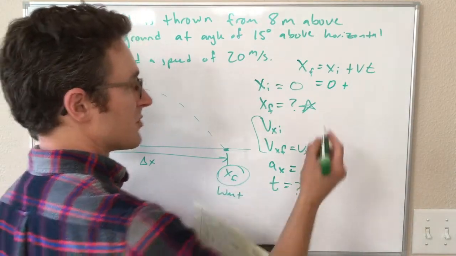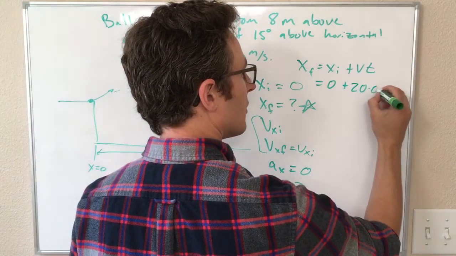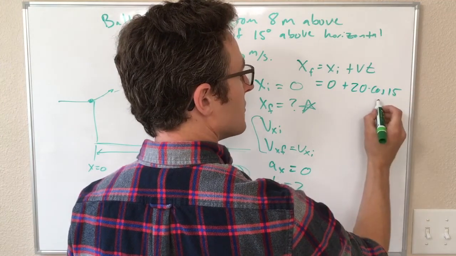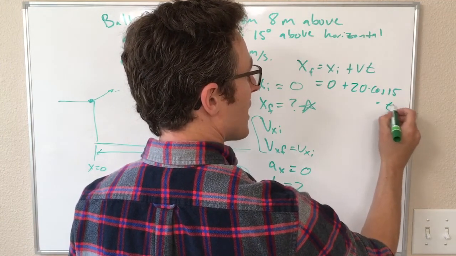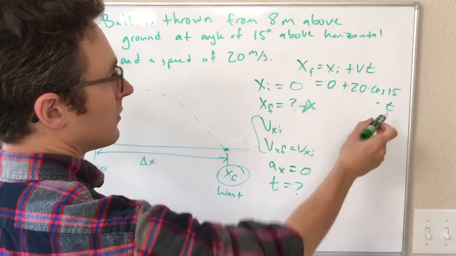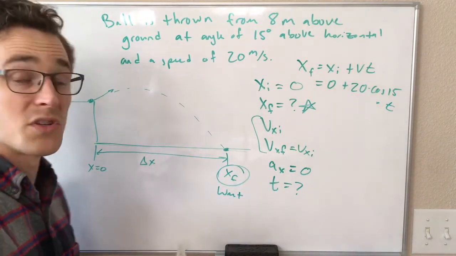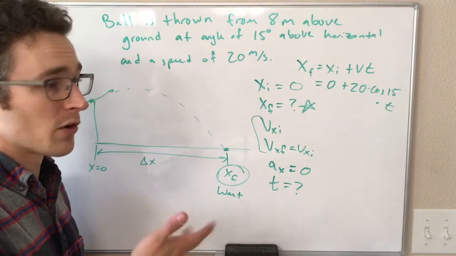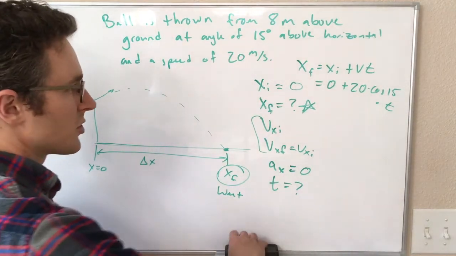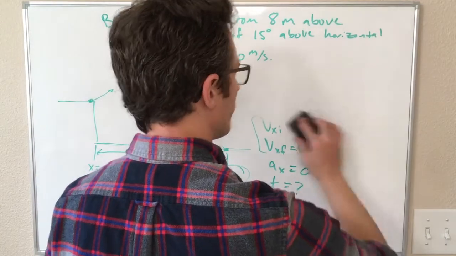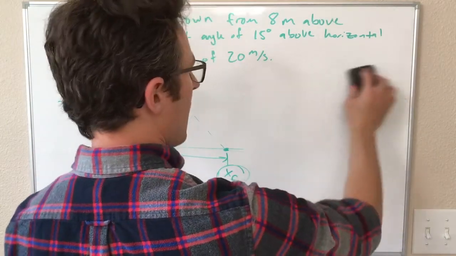It's 20 times the cosine of 15 times t. So if we want x final, we have to find t. There's no way around it. So this is one of those problems where we have to solve something in one direction and plug it into the other direction. So we'll come back to the x direction later.